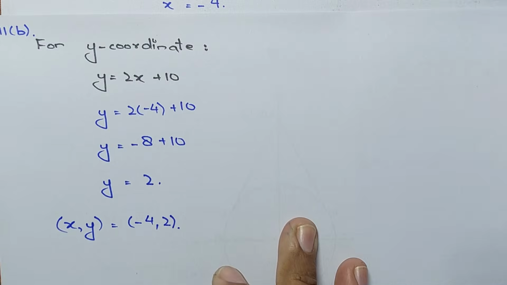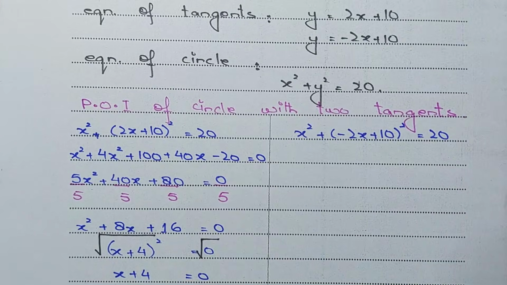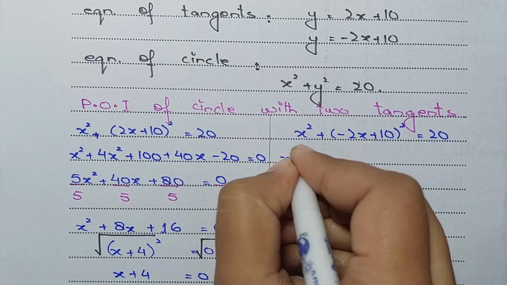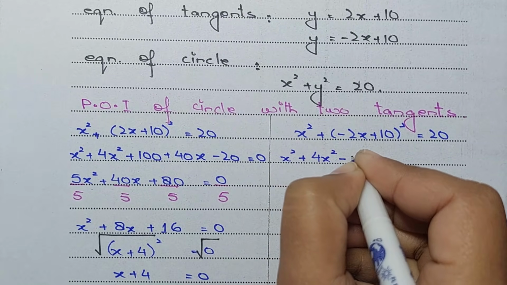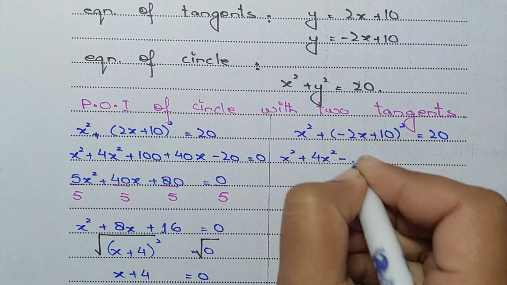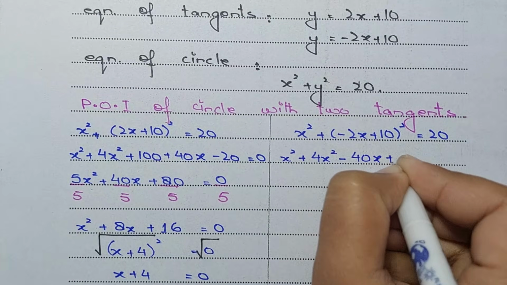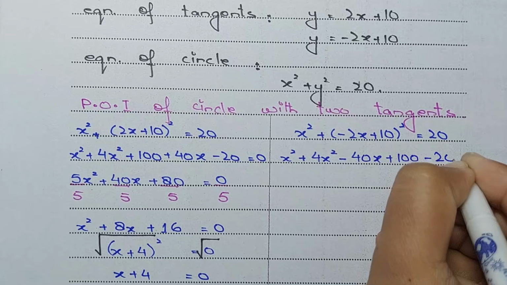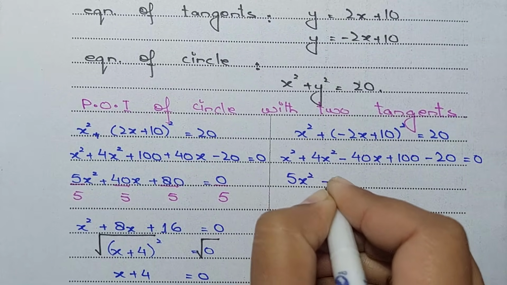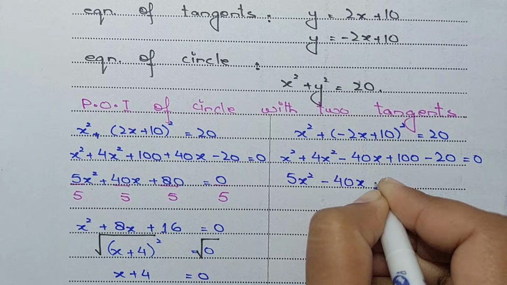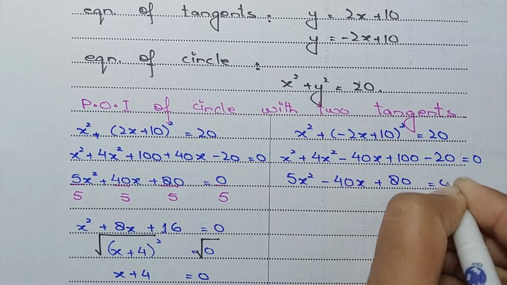Okay, let me do the same thing on the other side. This is a tangent. Open the square: x square plus 4x square minus 2 times 2 is 4, and 4 times 10 is 40x. 10 square is 100. Shift the 20 to the other side equals 0. Again, this is 5x square minus 40x plus 80 equals 0.